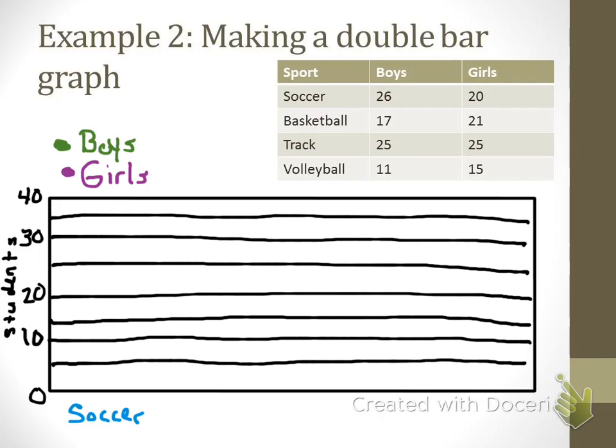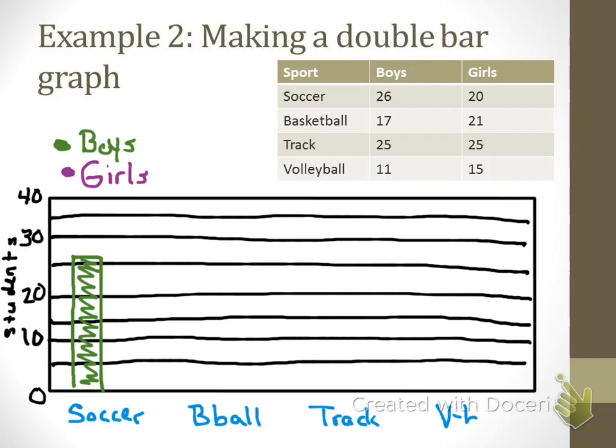How many boys played soccer? About 26. Then I'm just going to shade that in. Now I have basketball, which I'm going to abbreviate. Then I have track, and then volleyball, which I will also abbreviate. My categories are on the bottom.